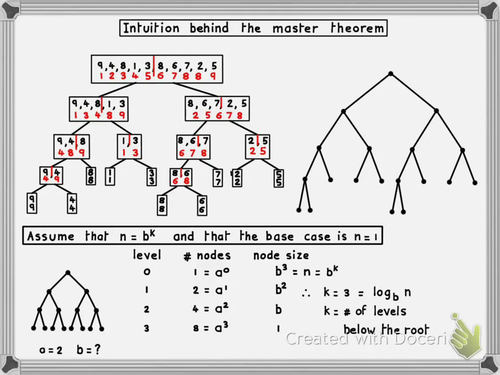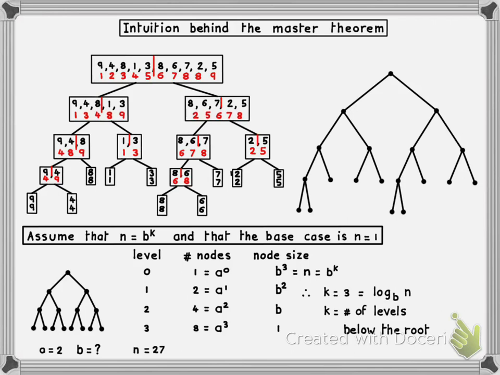Now remember, we started this discussion by asking what the value of B is. And again, we cannot determine this just by looking at the recursion tree. However, we know that n is equal to B cubed. So if we know the value of n, then we can determine the value of B. Let's say I know that the size of the input to the original call was equal to 27.